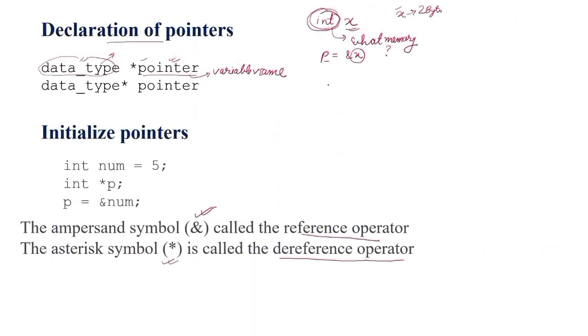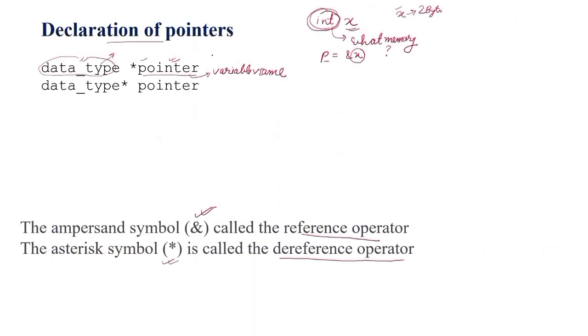All the memory addresses are going to have the same type. So what is the meaning of using this data type here? If x is int and its address is stored in p, then the pointer data type will be int. This data type tells you which data type variable's address this p is storing.